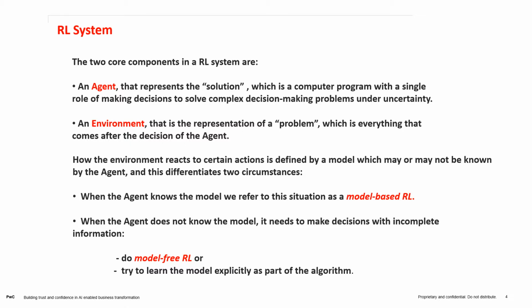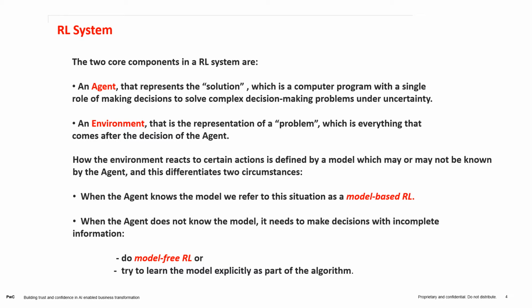Okay, the reinforcement learning system. Now, unlike many other areas of machine learning, in reinforcement learning you typically don't have one model. You have multiple models, so it's common to talk about an RL system instead of an RL model. There are many components in an RL system, which we will uncover a bit later, but the two main ones are really the agent and the environment. Now, the agent is really the solution.